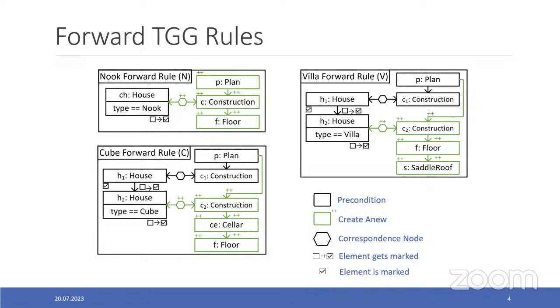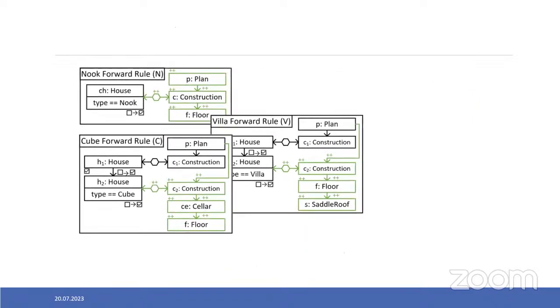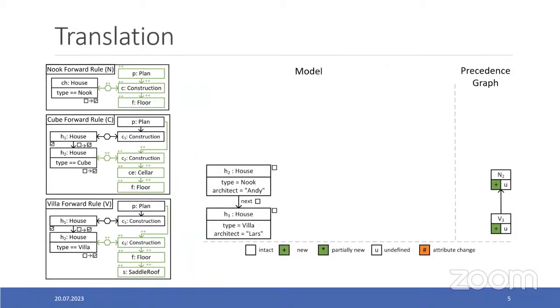So that gives you an intuition on how this works. I have a very small model here consisting basically of just two houses on the bottom. So you have a Nook house followed by a villa house. And on the right side, you see what we call a precedence graph. This is of particular interest for the rest of this talk because it tells you the state of consistency of these models with respect to our triple graph rules.